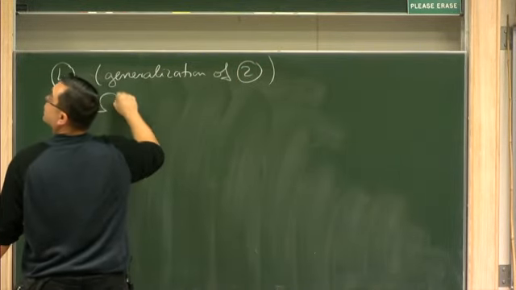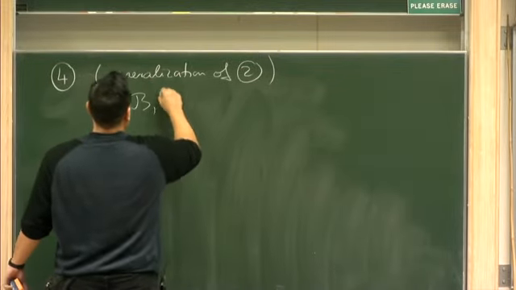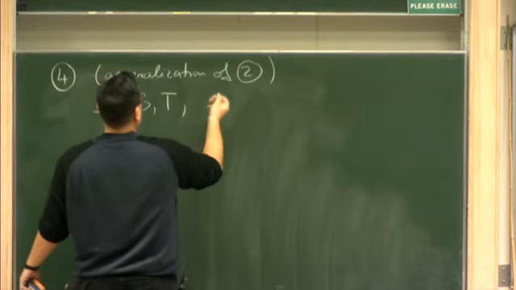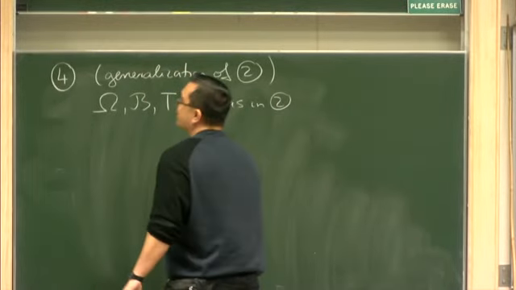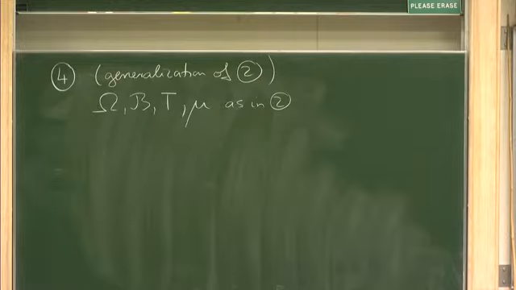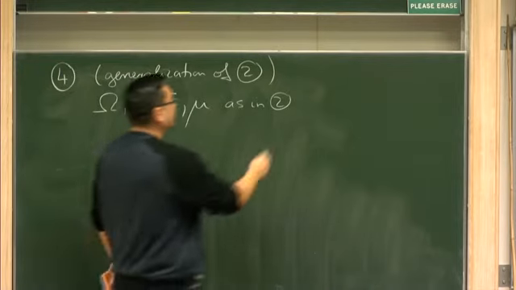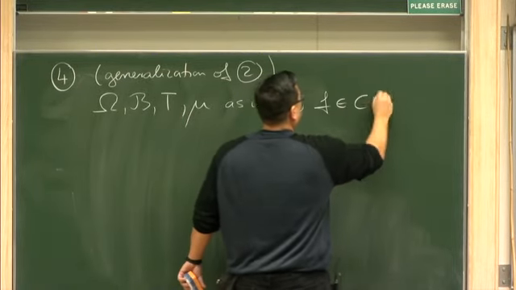So omega, T, mu even as in 2. Okay. But so the thing is, if you don't take this special sampling function, then you get into a whole world of trouble. I mean, the general continuous function.